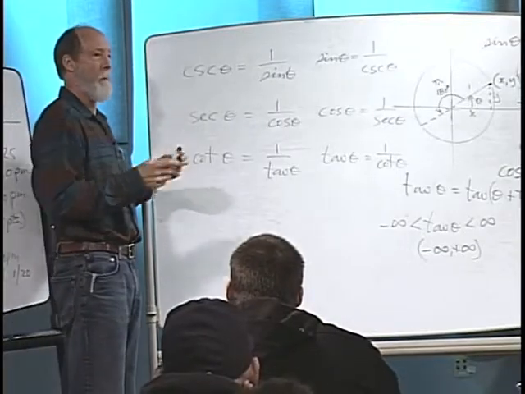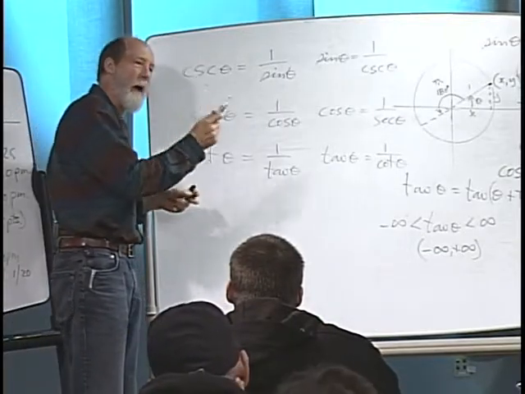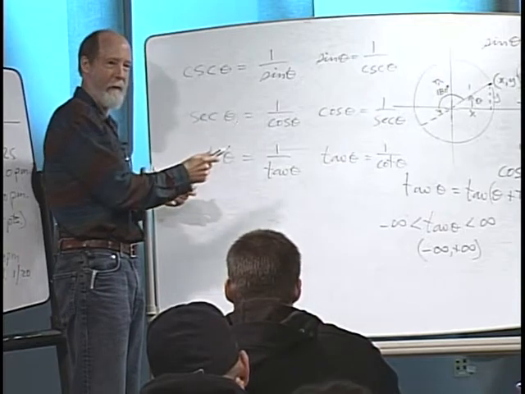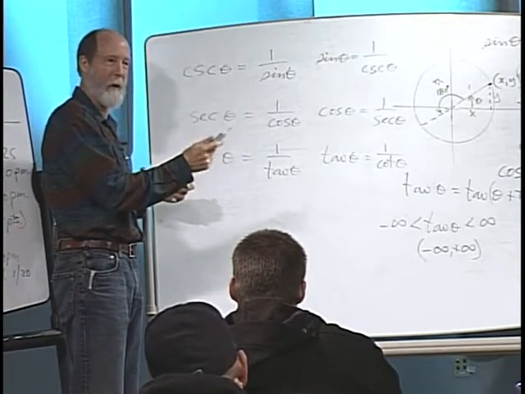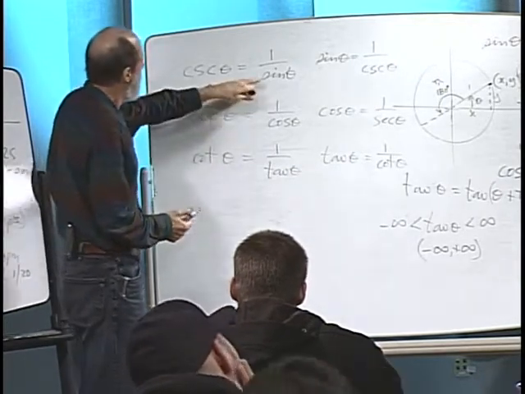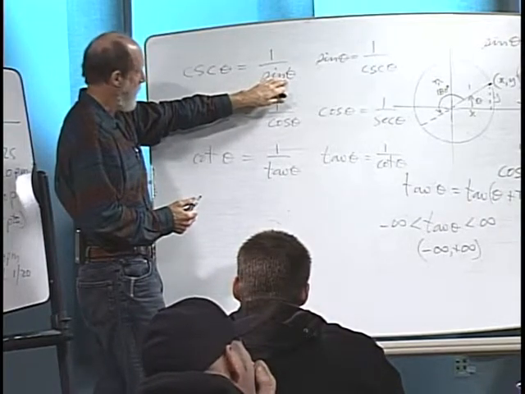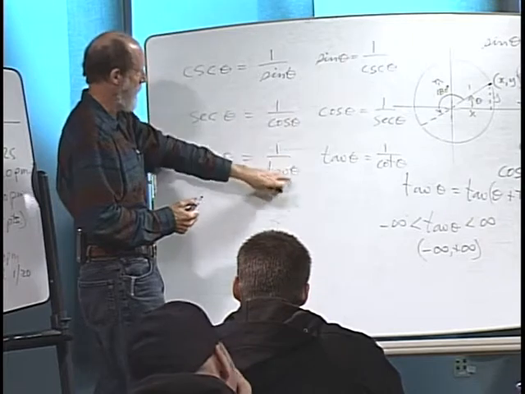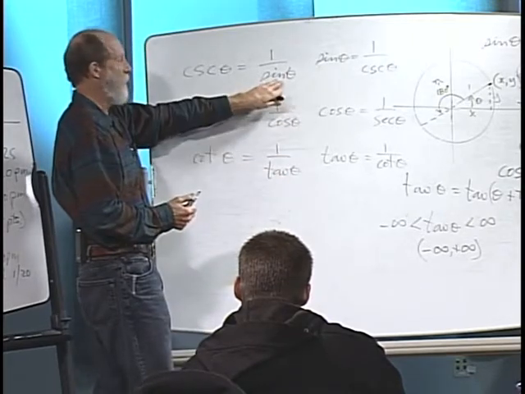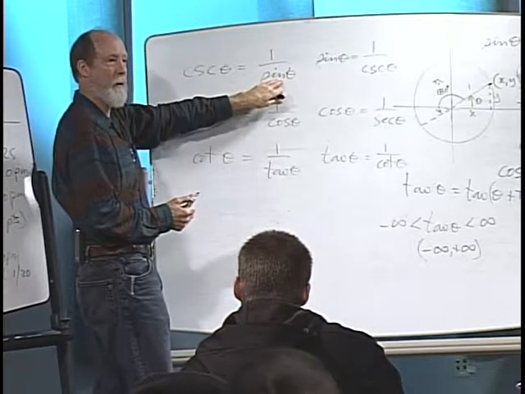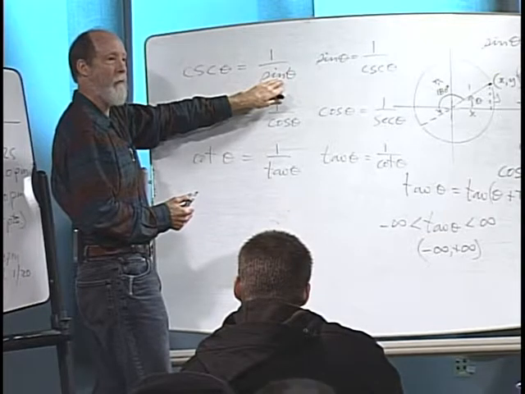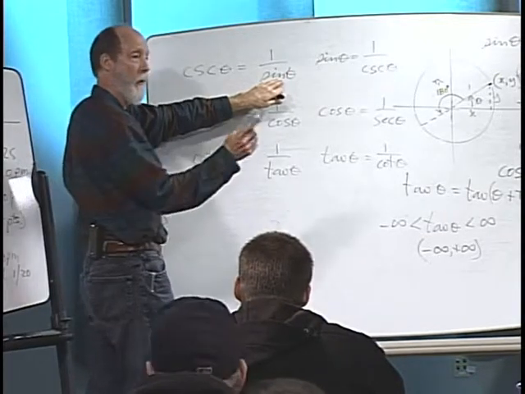All right, now back to the x, y, and r values, which we were showing earlier. The ones you want to have in your head are the sine, cosine, and tangent. You know the sine is y over r. If you take the reciprocal of that, you're going to get r over y.